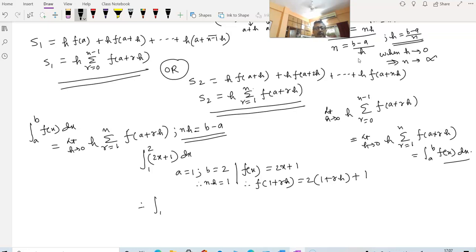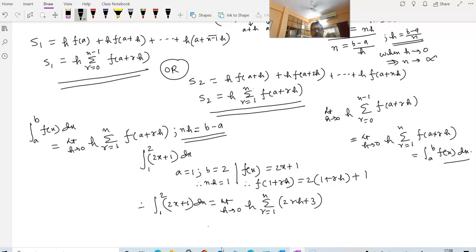So this sum, by using the definition in the previous article, is going to be limit h tending to 0, h sigma r equal to 1 to n (2rh plus 3).